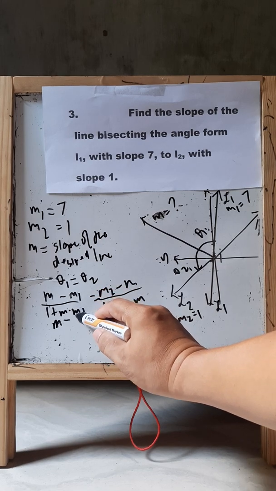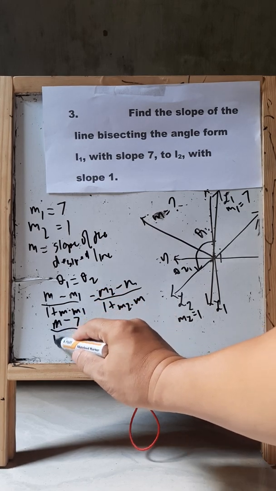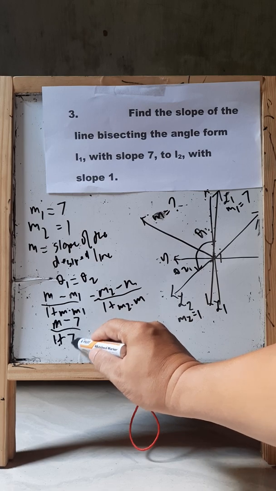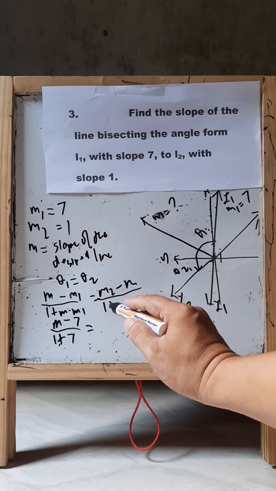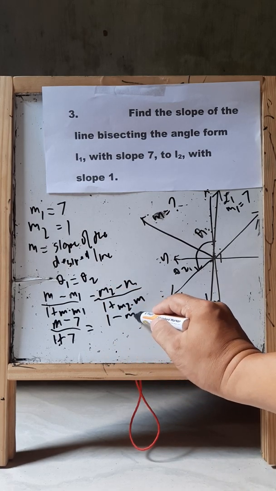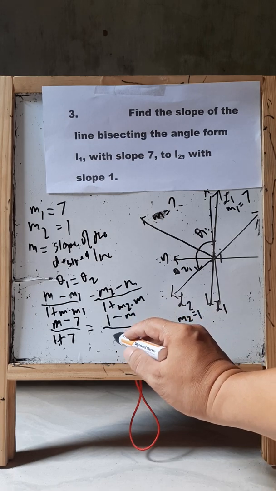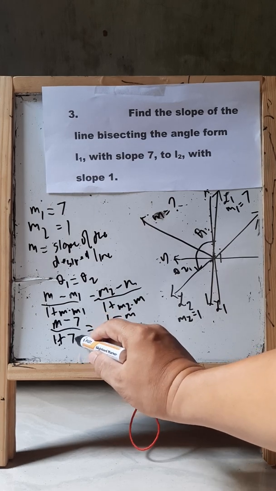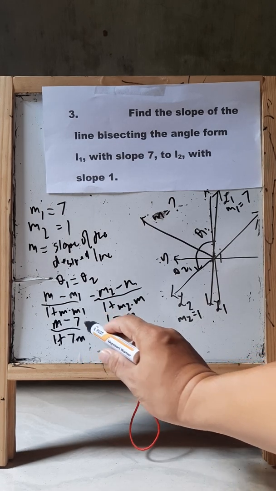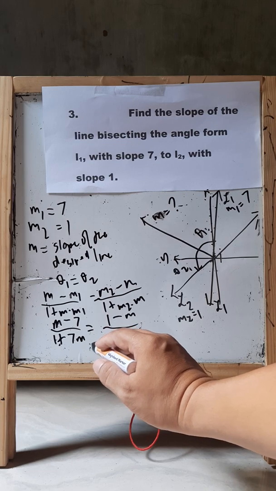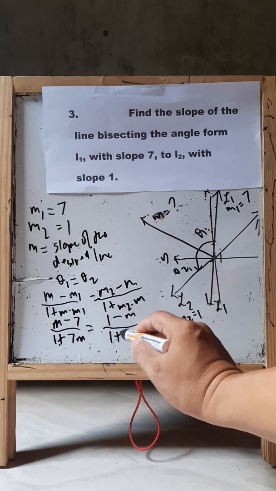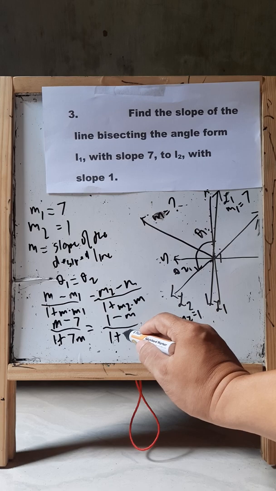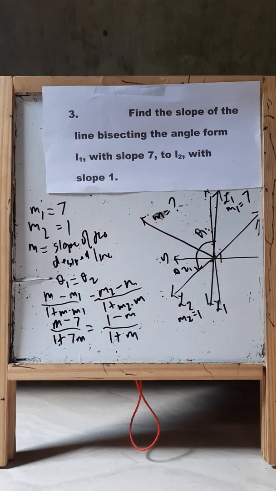M sub 1 is 7, so M minus 7 over 1 plus the product of the slope, 7M. M sub 2 is 1, so 1 minus M over 1 plus M sub 2 times M, 1 plus M. That will be our equation now.